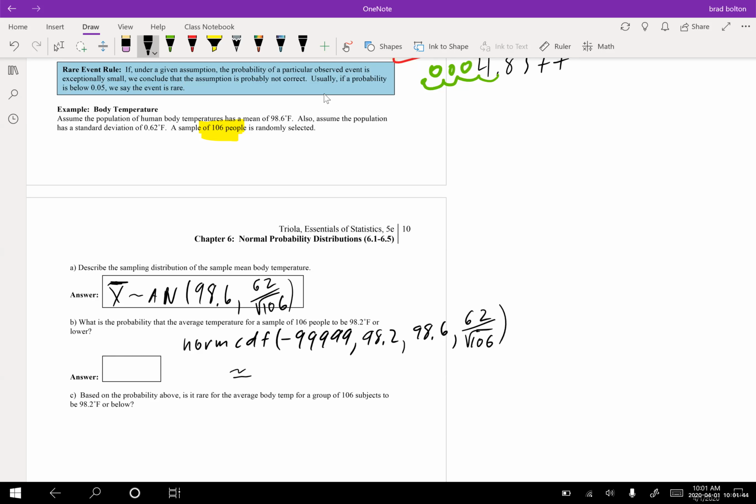So we should get, let's plug it in our calculator. Now, would you expect this to be a small number or a large number? I'm thinking it's going to be a very small number. Because if the mean is 98.6, what's the chance that of the 106 people, their average will be below 98.2?